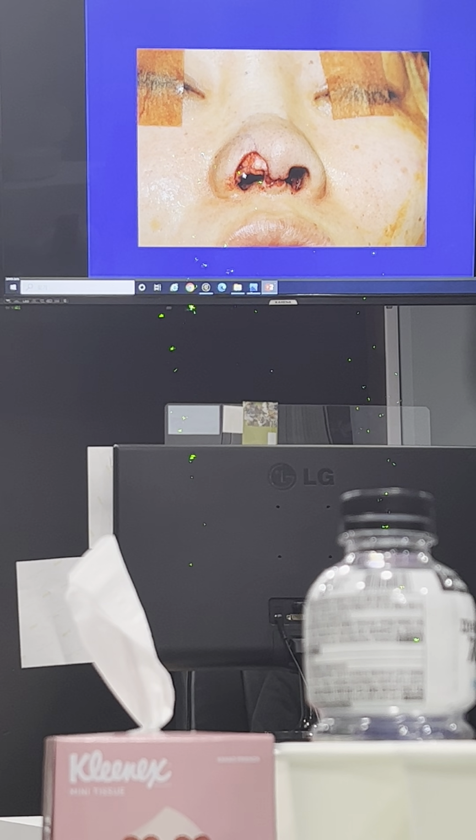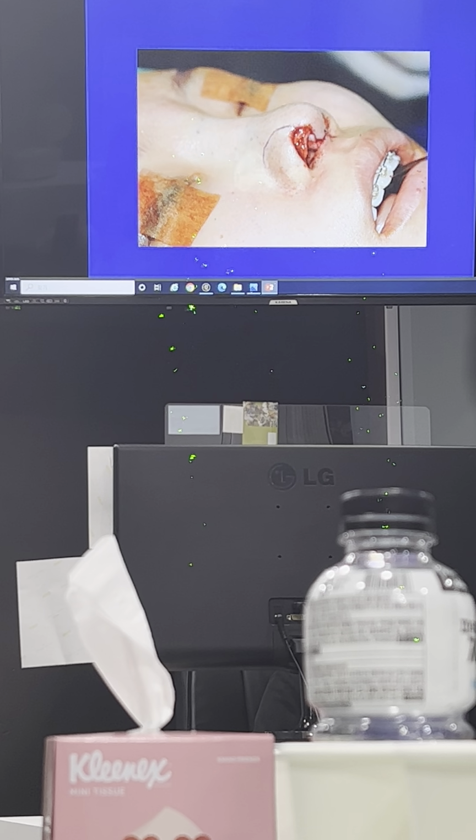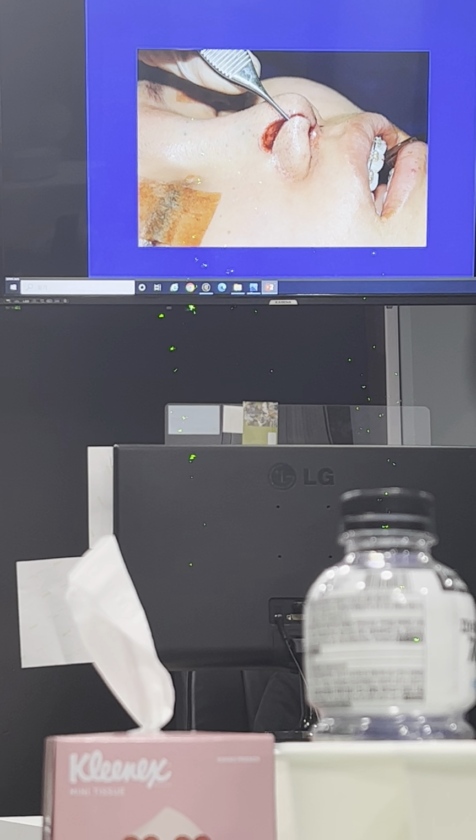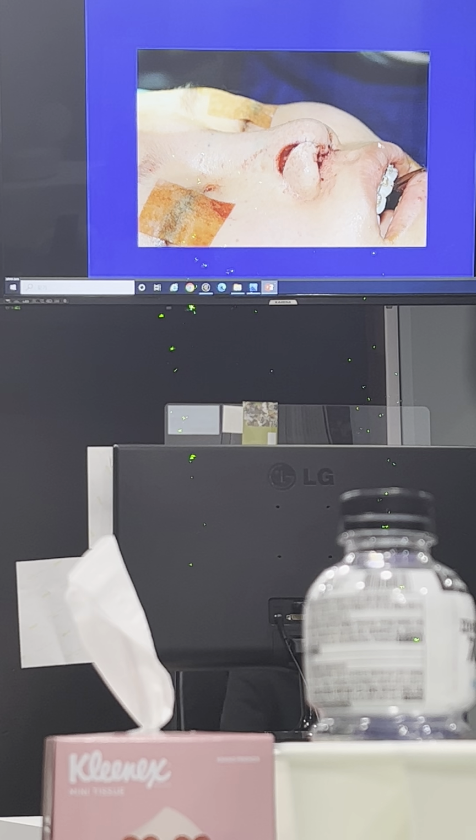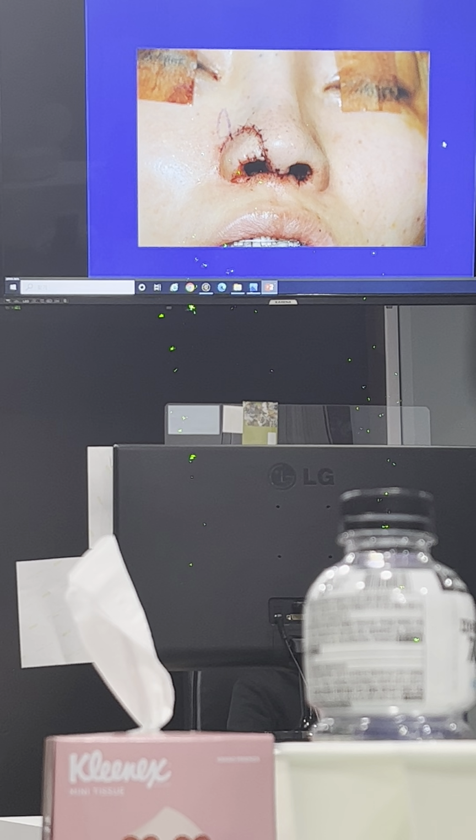After that, you can see this defect at the alar rim. We can cover this defect using a rotation flap like this. This is the design of the rotation flap here. I rotate the skin anteriorly like this, and then we can cover the defect. After that, we gradually suture from here to here, anterior to posterior, like this.